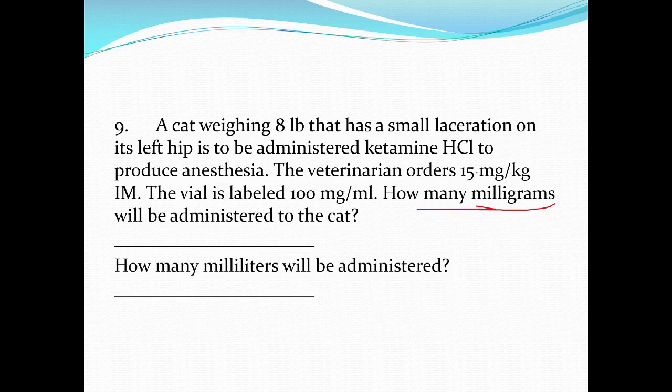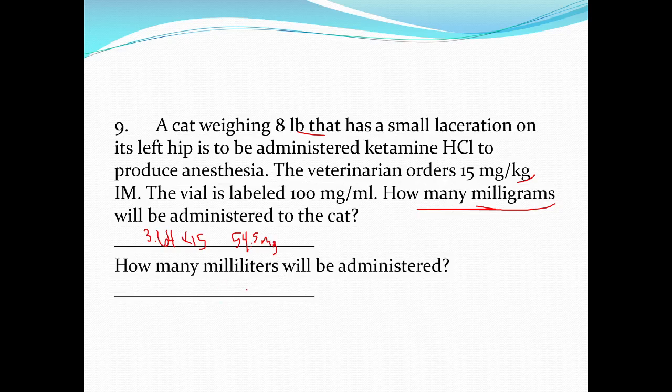Okay, so we're going to start with the dose times weight, but in kilograms, not pounds. 8 divided by 2.2 means we are 3.64 kilograms. 3.64 kilograms times 15 gives us 54.5 milligrams.